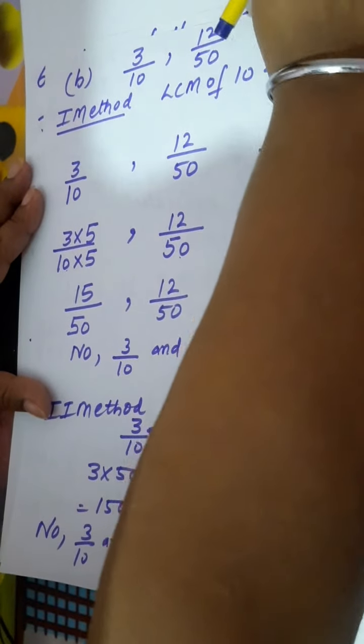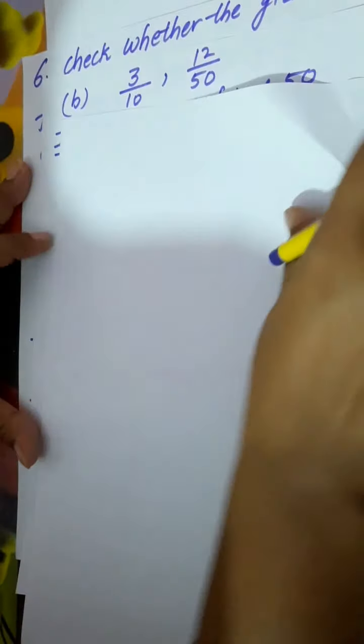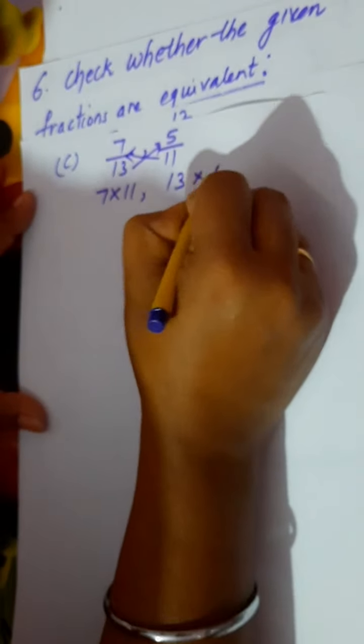I will continue this question by solving C part. Same question, check whether the given fractions are equivalent or not. Here we have C part, 7 upon 13, 5 upon 11. So let's solve by any method. If I solve by cross product, you have to multiply 7 multiplied by 11, 13 multiplied by 5.